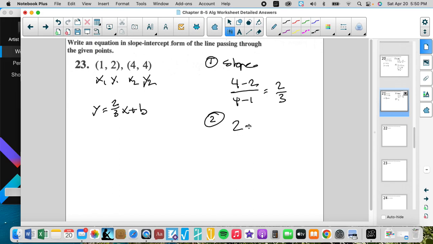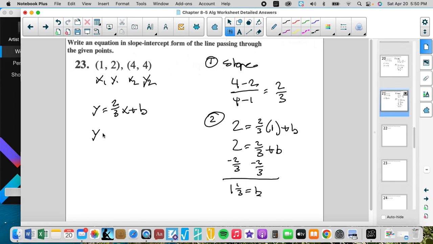So 2 equals 2/3 times the x value, which is 1, plus b. 2 equals 2/3 plus b, minus 2/3, minus 2/3. I know how to subtract, so that's 1 1/3 equals b. Another instance where it's in my best interest to keep it as a mixed number. And there it is.